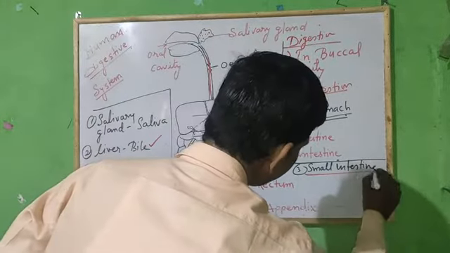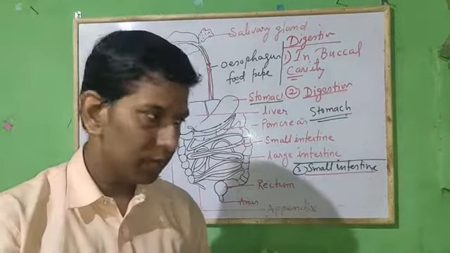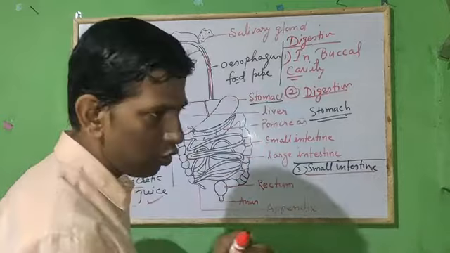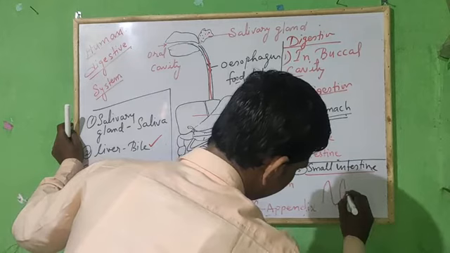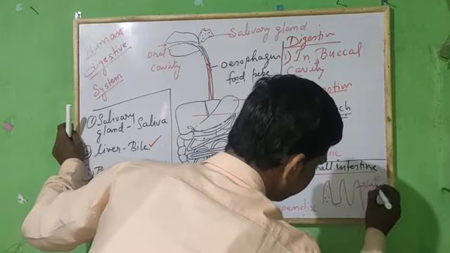In the small intestine, dear children, there are finger-like projections. On the inner wall of the small intestine, the finger-like projections are there like this, and they are called villi.